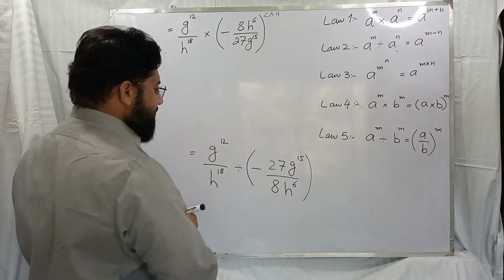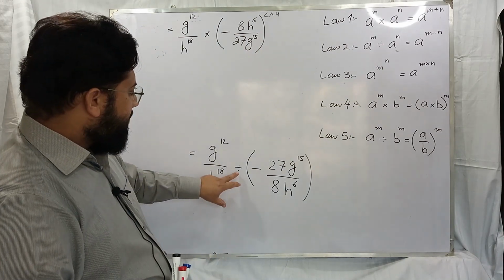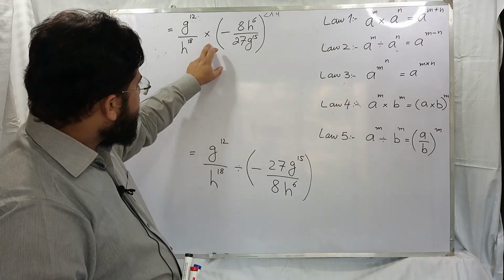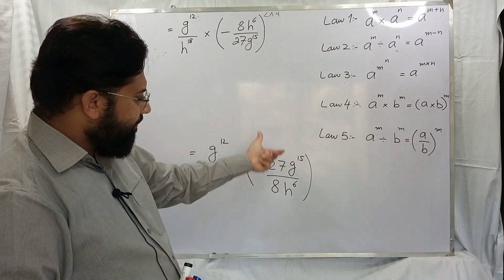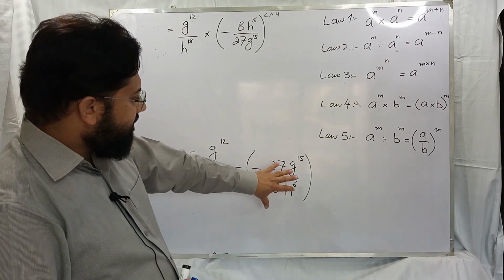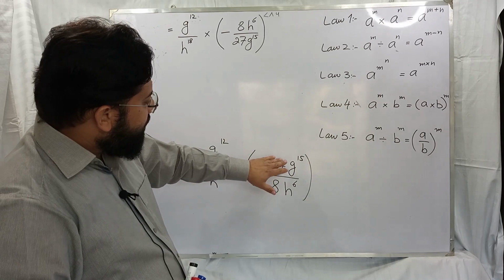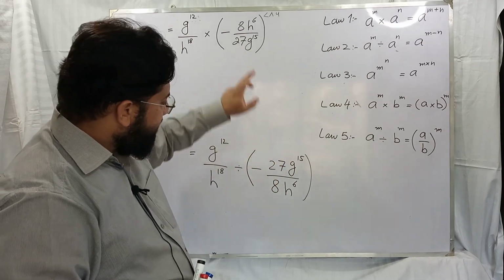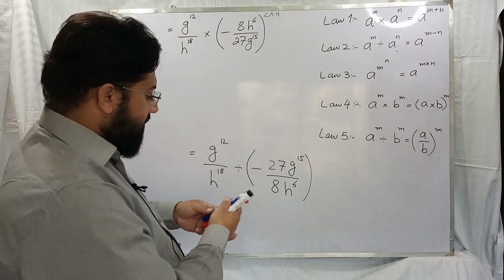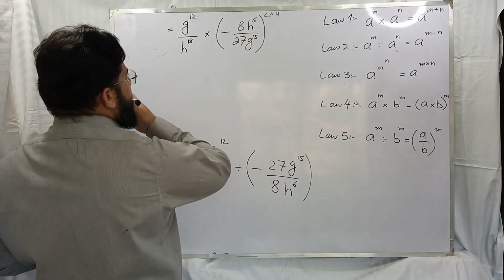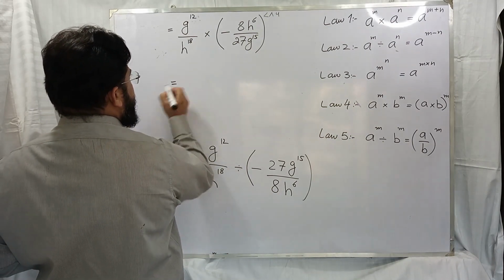How does this happen? There is a rule that if you change division sign to multiplication, then the immediate term is reversed. So 27 g to the power 15, it was in the denominator, now it will be in the numerator, and the numerator will become the denominator. Now, very simple.